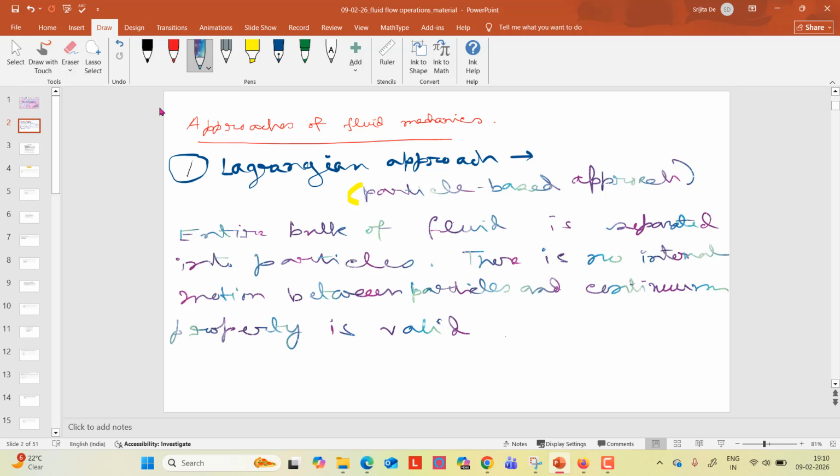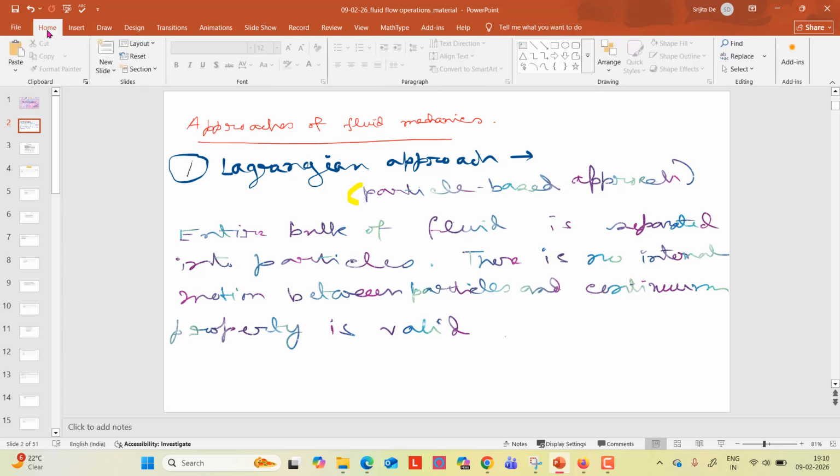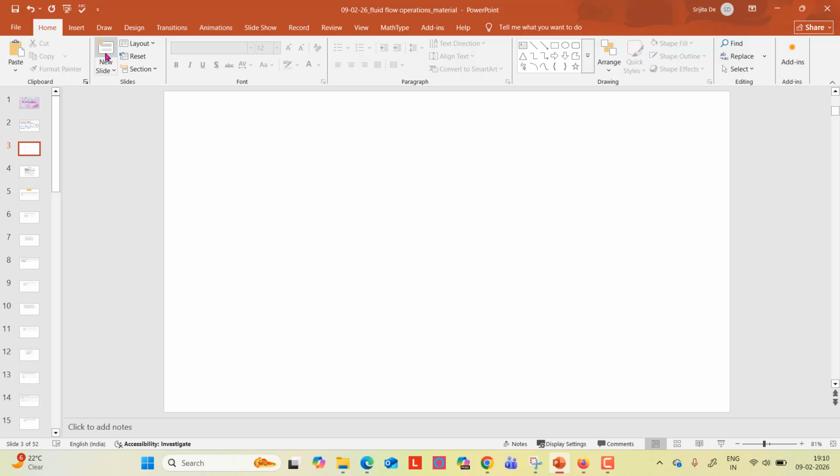The second one is the Eulerian approach. What does it mean?